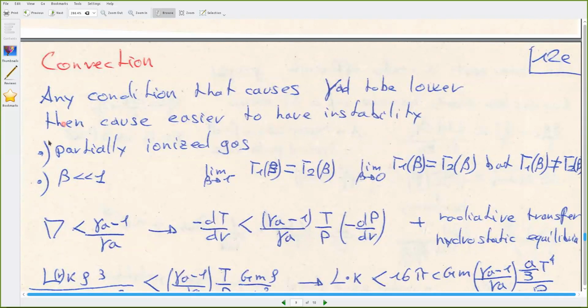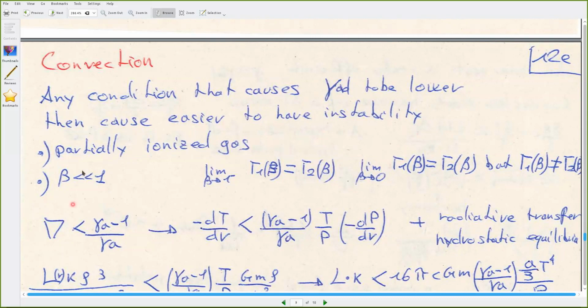It means that we can have a partially ionized gas where it can be definitely lower, instead of the five thirds, that is 1.7. The ionization can bring it also to 1.2.